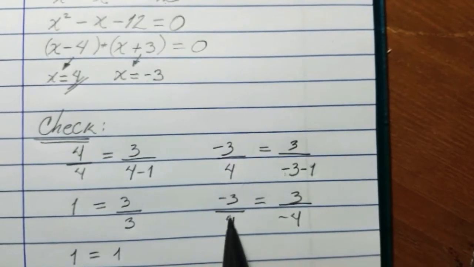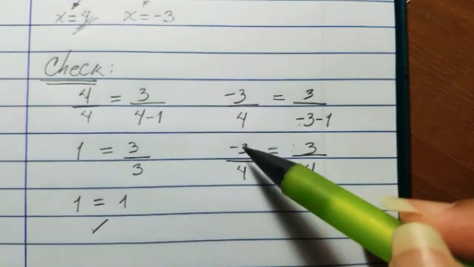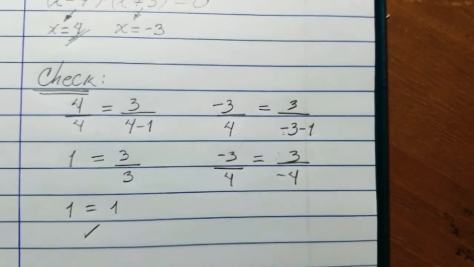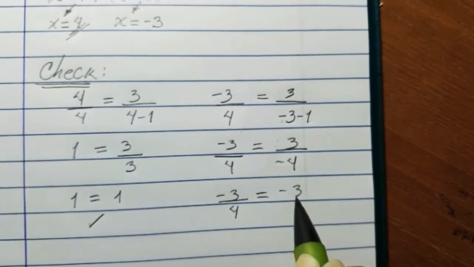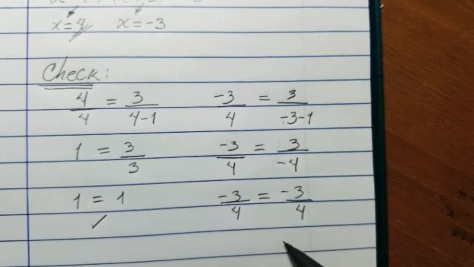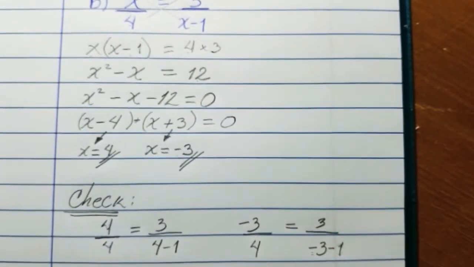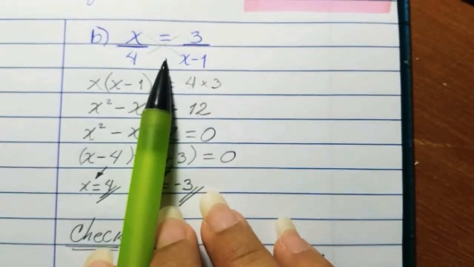It doesn't matter where you have the negative, the fraction is still negative. Negative divided by positive, negative. Positive divided by negative, negative. So negative 3 divided by 4 equals negative 3 divided by 4. Since that is also true, then negative 3 is also part of our solution. That means both of them are solutions of the original equation.